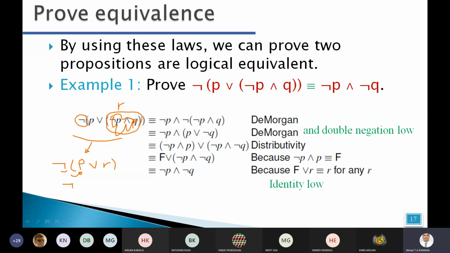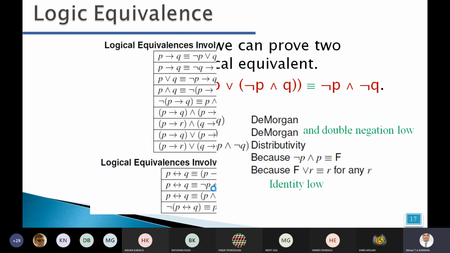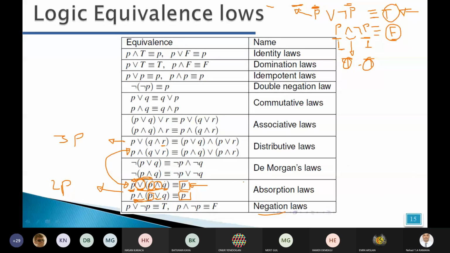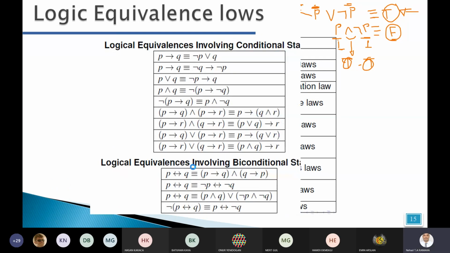So we can make not P and not R. So we use De Morgan's law here. When we distribute not on or, not and or become and, or and become and. Okay.